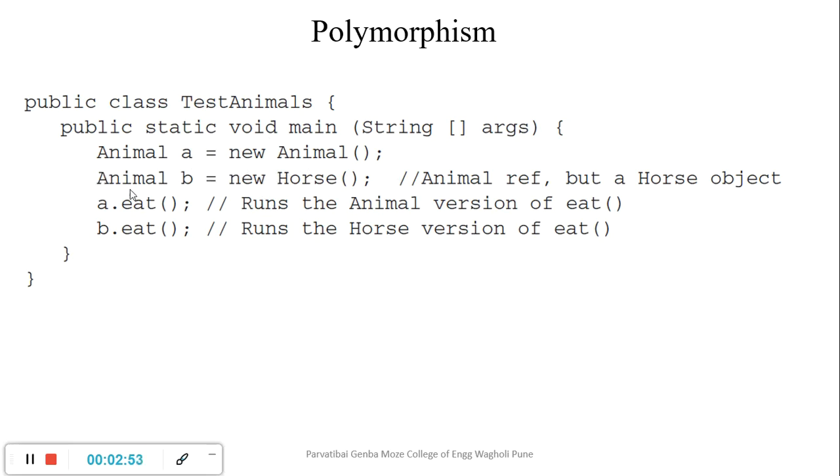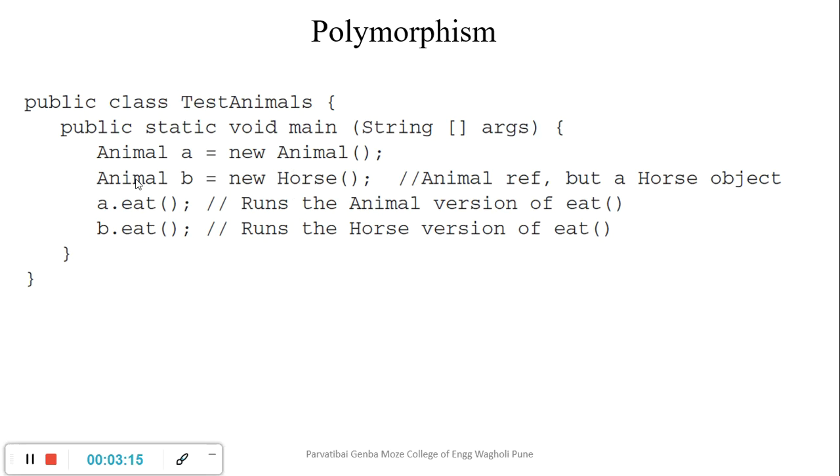Now in this polymorphic example, you can see we have declared object b which is of the type Animal, but at runtime we have created an object of Horse. We can do this in Java because Horse is a type of Animal.